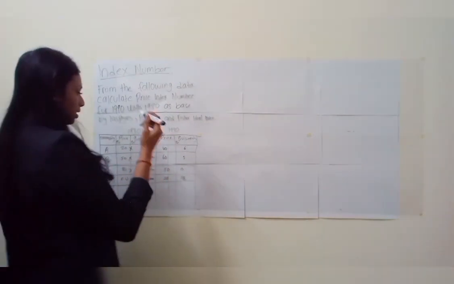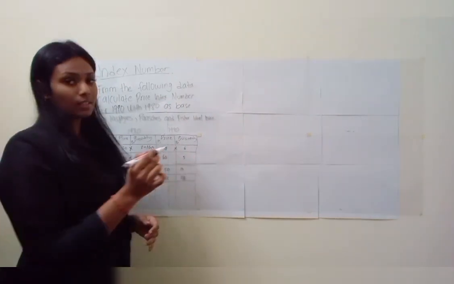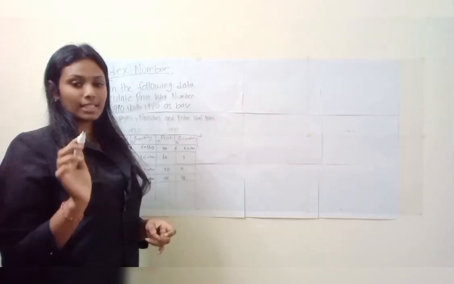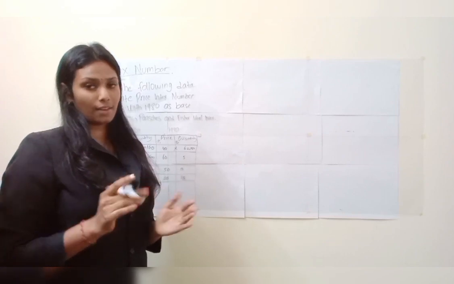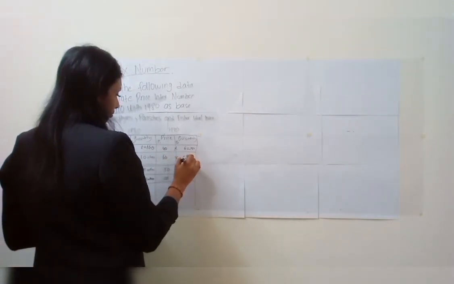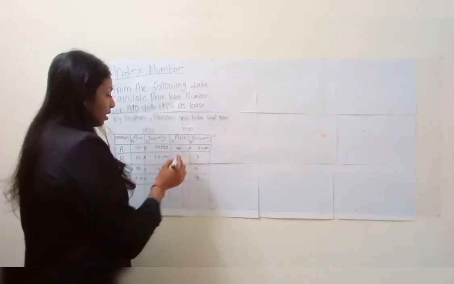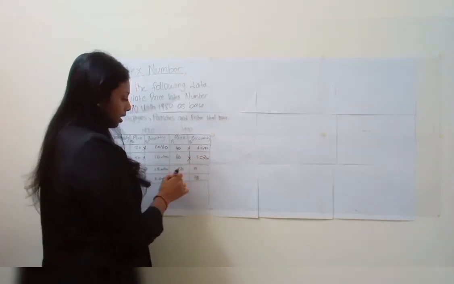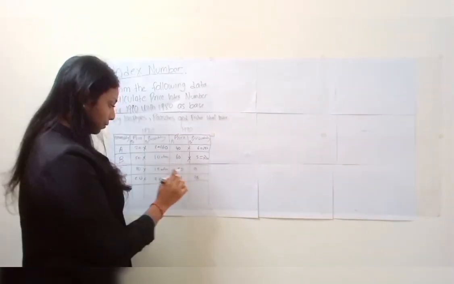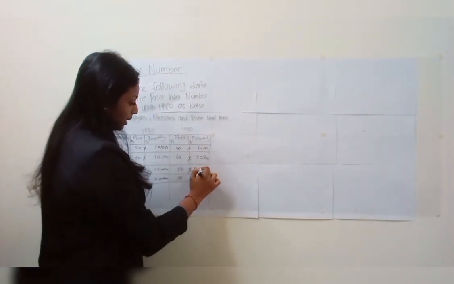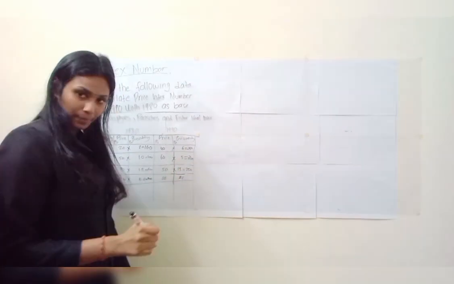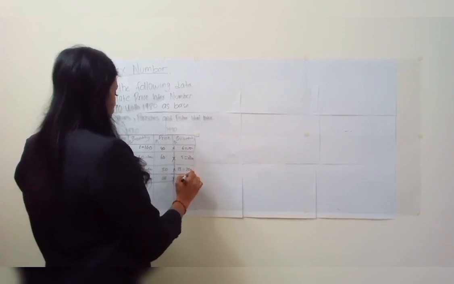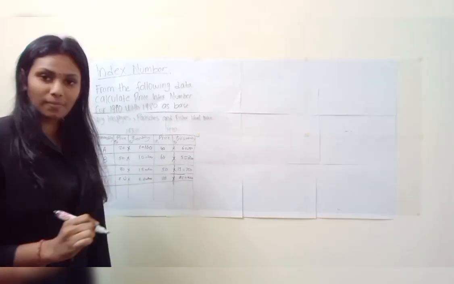And same goes to the current year: 40 times 6 is 240. 60 times 5 is 300. 50 times 15 is 750. And 20 times 25 is 500.